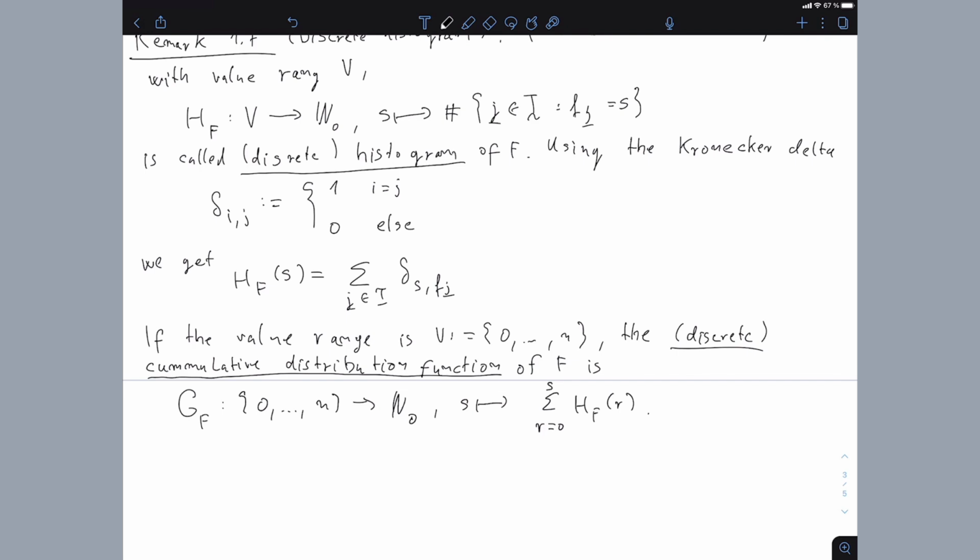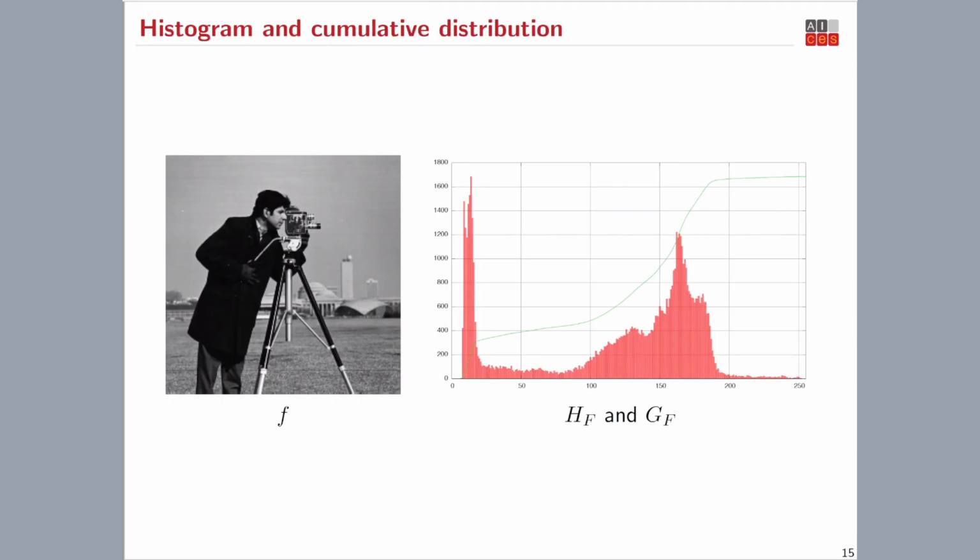Yeah, if we go back here, the green curve, of course, has a different scale. So the values are not comparable, but you can see how the cumulative distribution rises rapidly if there are peaks in the histogram, or how it stays more flat when there are only few values.